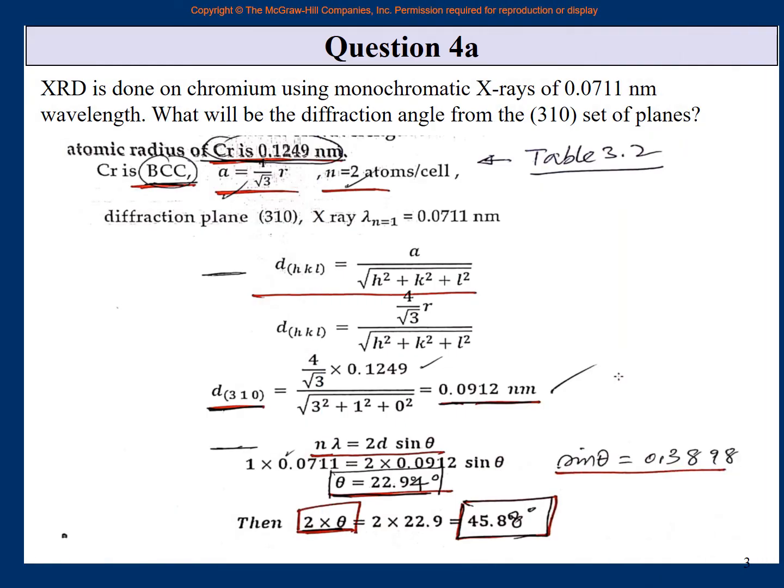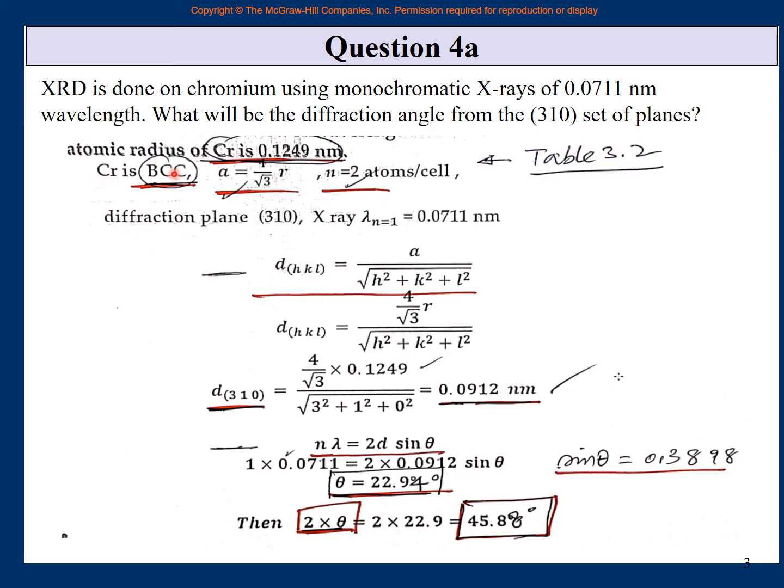Let us see the question solution now. Remember, the extra values that you need will be from the table, formula sheets and tables. So from one of the tables, you find that chromium has an atomic radius of 0.1249 nanometer. And there are FCC, BCC tables there also in the formula sheet. So you find that chromium is in the BCC list.